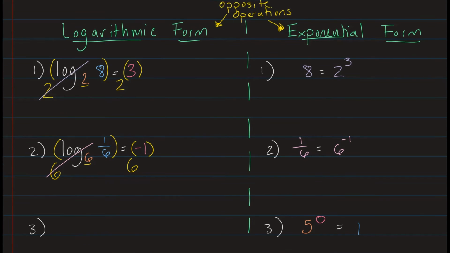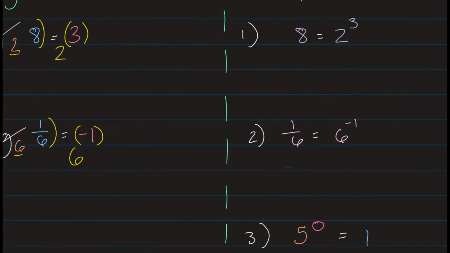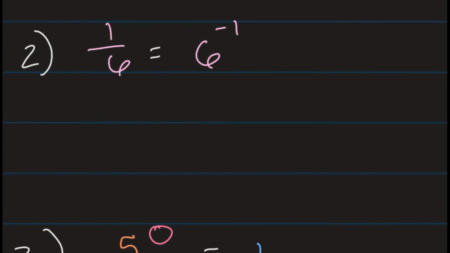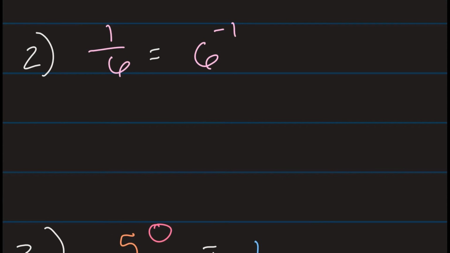Now I would like to make a little side detour here and take a closer look at this exponential form. In Algebra 1, you guys were supposed to learn what are called exponent rules. And there's a few ones that you have to know. Whenever you have an exponent that is negative, in order to get rid of that negative, all that you have to do is take the base number and put it in the denominator with the positive version of the exponent.